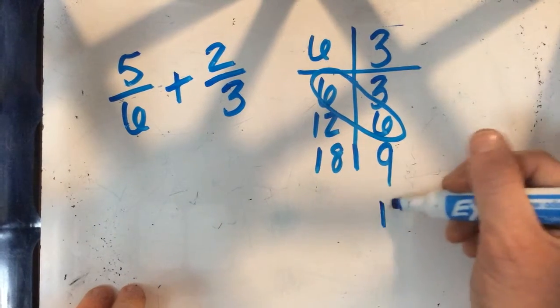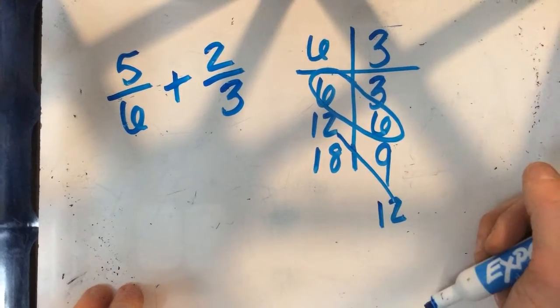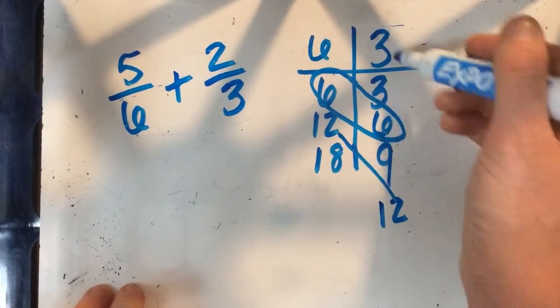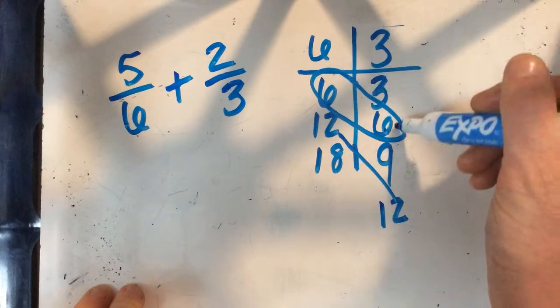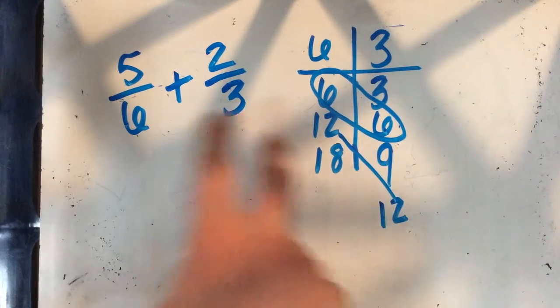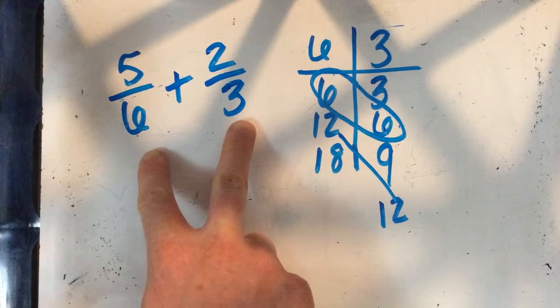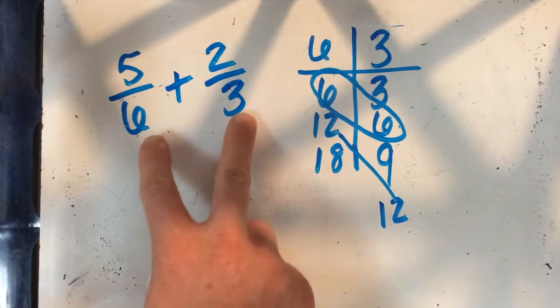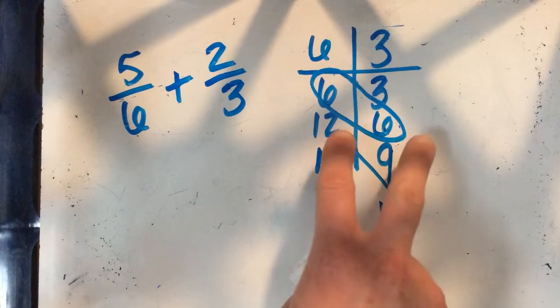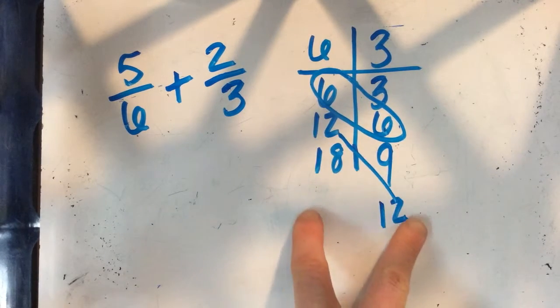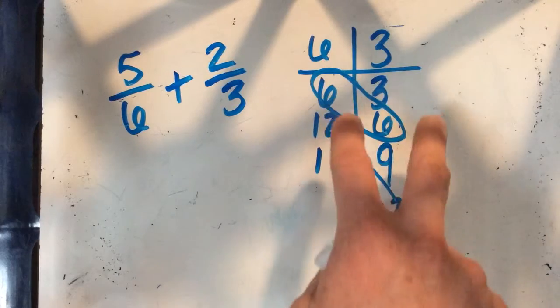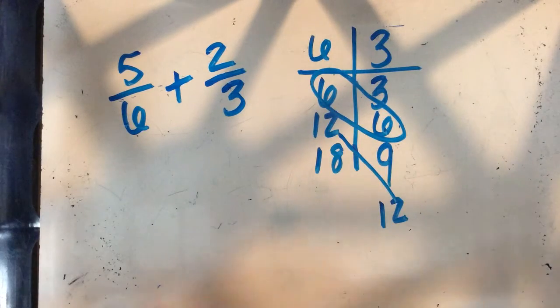If we kept going, we would see that 12 is also a common multiple of 6 and 3, but 6 is the lowest multiple that they both have in common. Again, these numbers should be easy for us to recognize that relationship, and we shouldn't need to do our least common multiple list here, but it is a strategy if you do need to use it, okay?